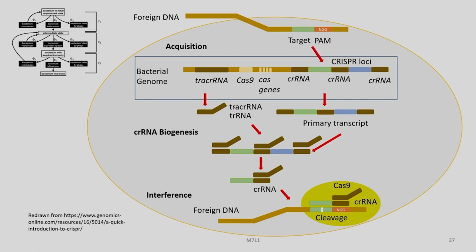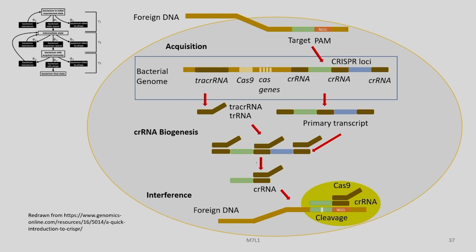Now, let us focus a little bit on this tracrRNA. This tracrRNA is being transcribed here, as you can see, and also the primary transcript or pre-CRISPR RNA is transcribed. Now, this tracrRNA has some complementarity with these repeat sequences, and so the tracrRNA will form complexes, or you can see here many of these small tracrRNAs are forming complexes with the primary transcript.